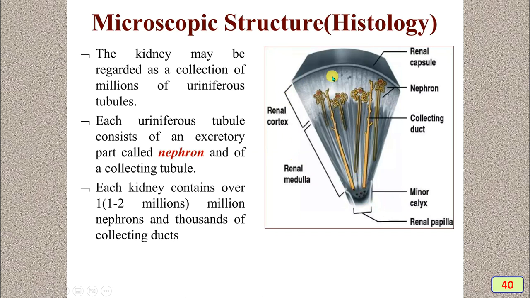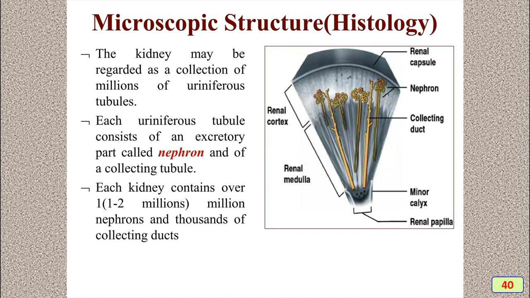If you take a cross section, the kidney may be regarded as a collection of millions of uriniferous tubules, and each of these tubules is termed a nephron with a collecting tubule.